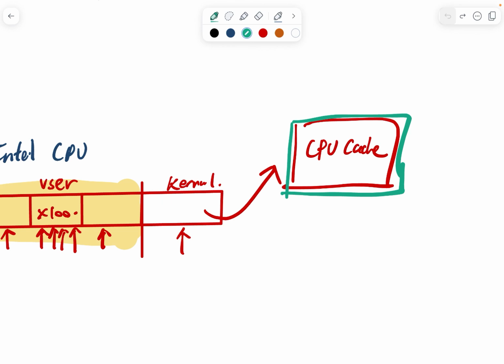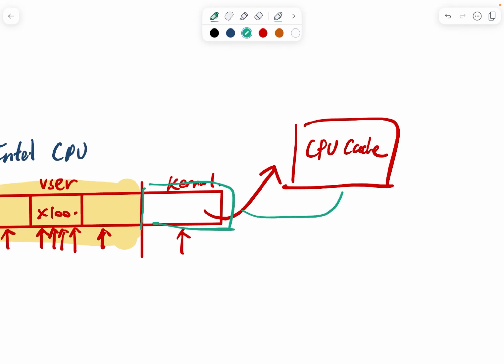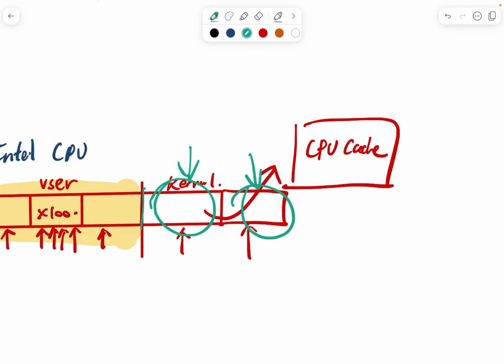So this piece of memory in the kernel actually exists in the CPU cache. So you're probably going to realize that if the program tries to access this piece of memory, it will be faster than accessing the other piece of memory in the kernel. So let's say there is another piece of memory right here. The access time of this piece of memory is significantly faster than accessing this one, right?